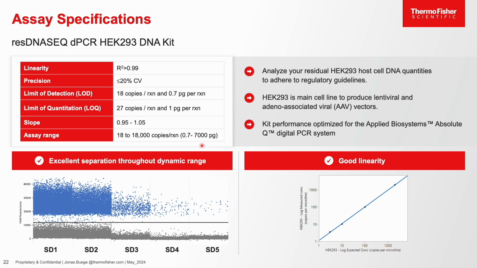And this is supported by good linearity, speaking to the accuracy of the assay. And importantly, the kit is highly sensitive with the LOQ at 1 picogram per reaction and a LOD at 0.7 picogram per reaction. And these specifications ensure that there is excellent separation throughout the dynamic range as indicated in the plot here.